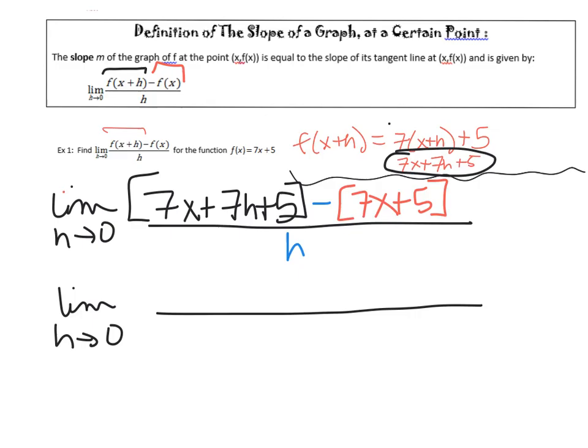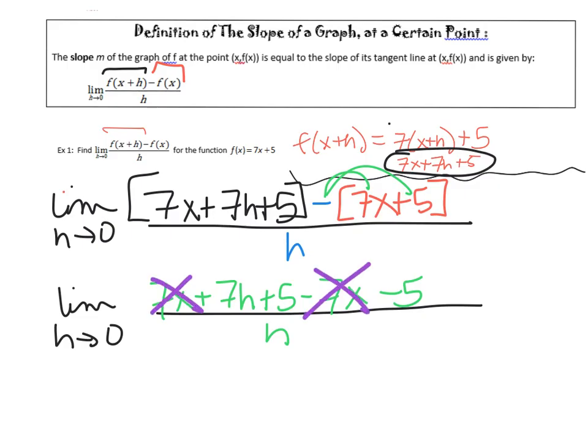That's going to give me 7x plus 7h plus 5. Distribute the minus sign, that's the most important part, over h. And you'll notice that this and this will cancel. This and this will cancel.